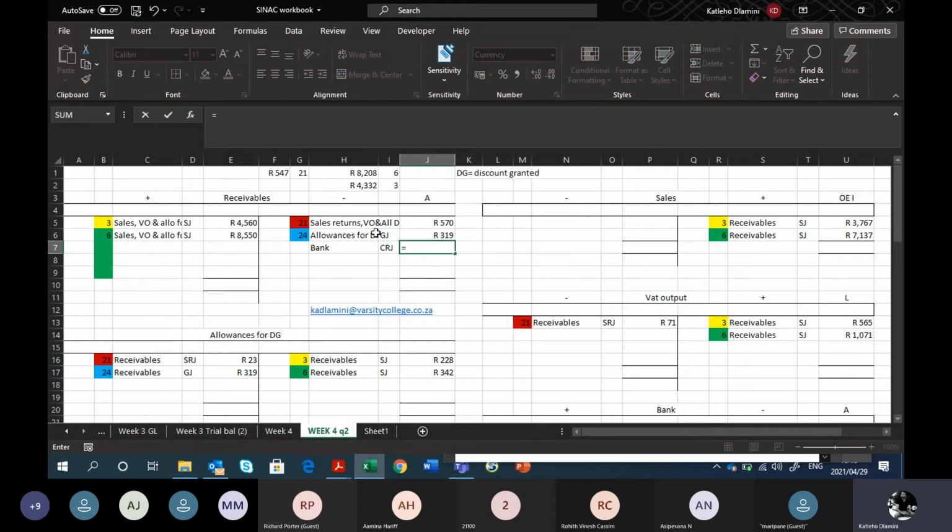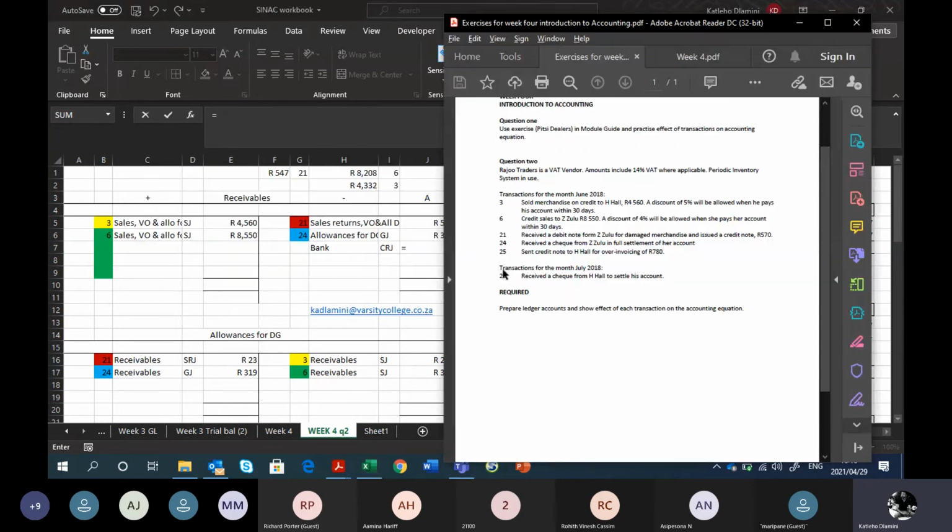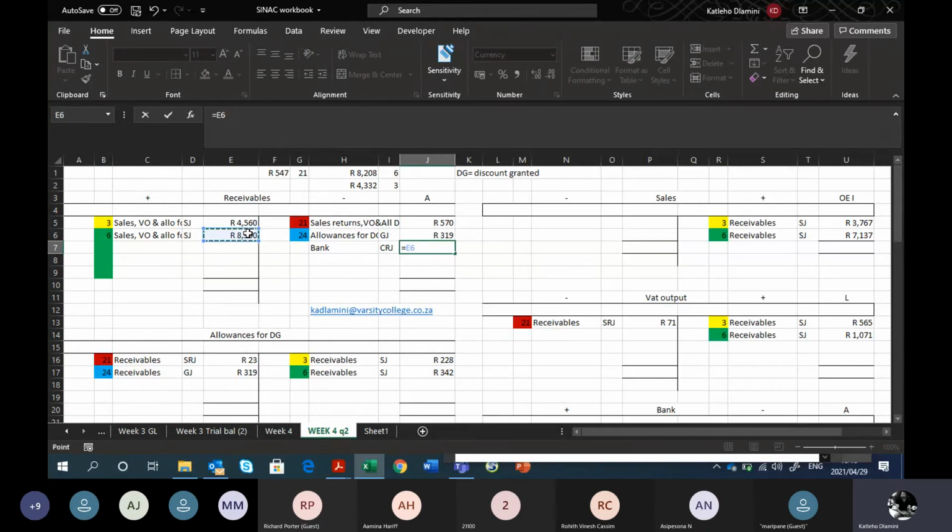Is Zulu the one who returned, first of all? On the 21st, Zulu returned, yes. Also the one on the 6th. So I have this 850 here, which included everything, including the discount that I just subtracted, so I'm not going to include that.